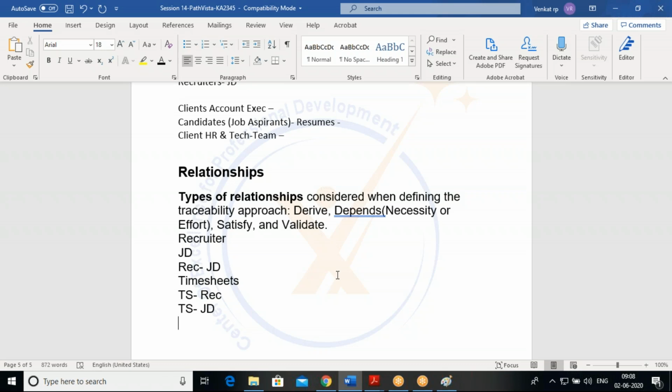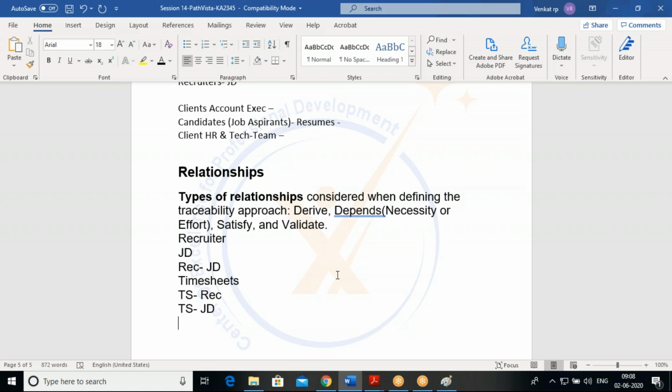Now I'll tell you, in a single timesheet you can find multiple JDs. And in multiple timesheets you can find a single JD as well. A JD can be repeated in multiple timesheets. The relationship between timesheets and JDs is many to many. Right, that is what these people are trying to tell you.